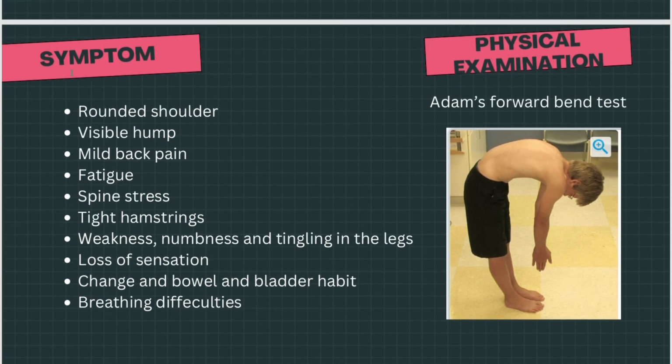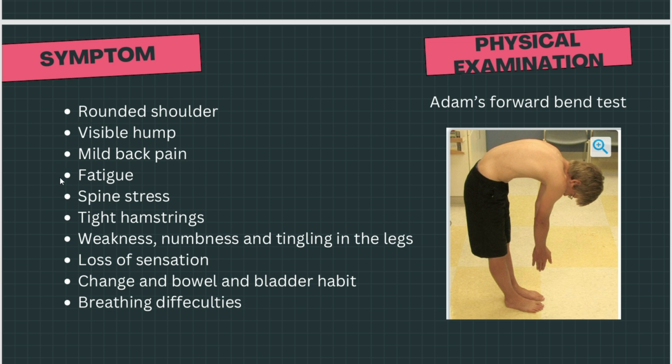When patients have kyphosis, we can detect it by rounded shoulders, a visible hump, mild back pain, fatigue, spine stiffness, tight hamstrings, weakness, numbness and tingling in the legs, loss of sensation, changes in bowel and bladder habits, and breathing difficulties.